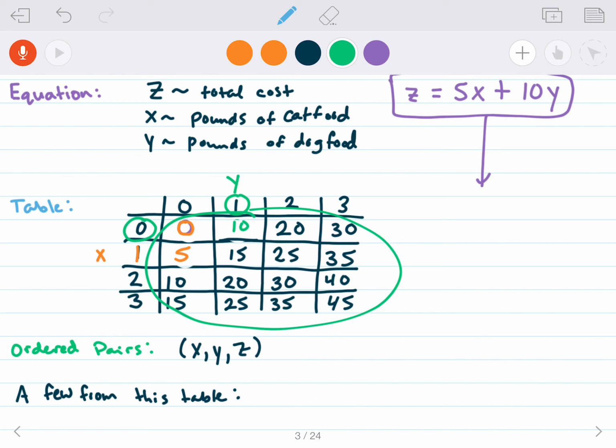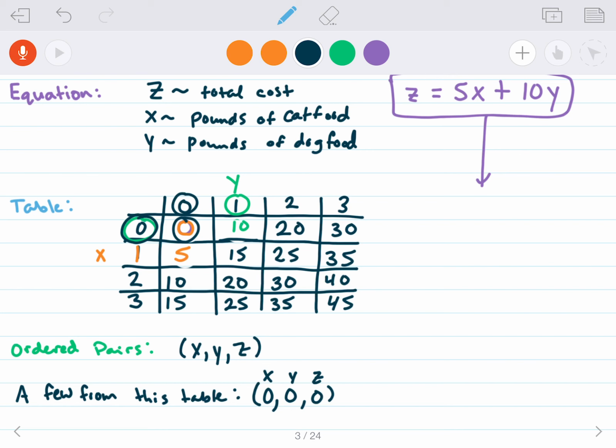And so we can write the corresponding x and y here. So firstly, we know that 0, 0, 0 is a point. This is x, y, z, and we saw that when x is 0 and y is 0, z is 0. You guys see the picture here?